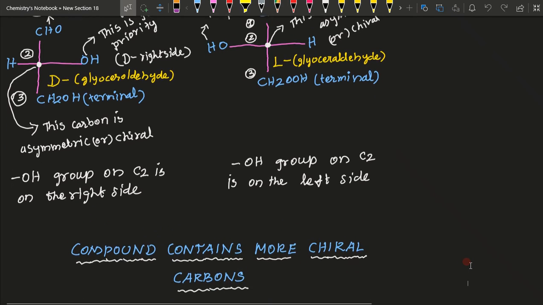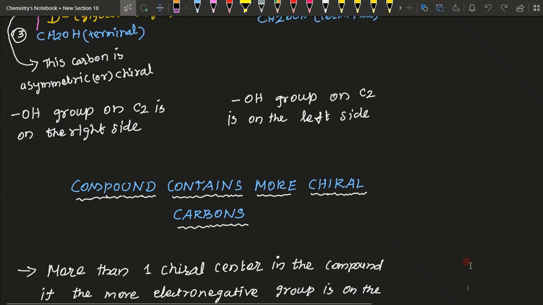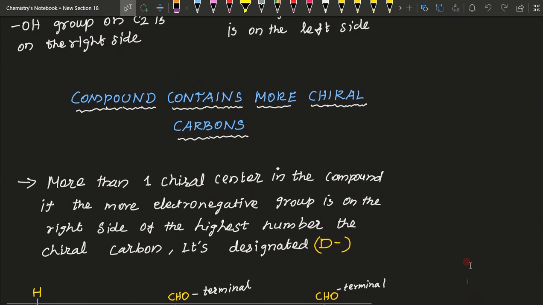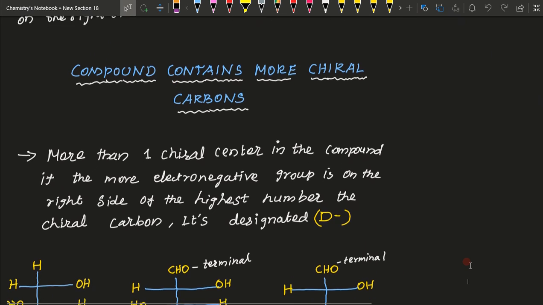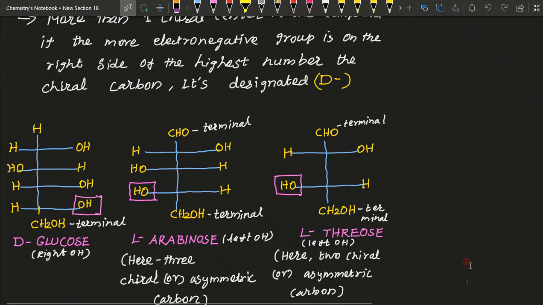Below, if a compound contains more chiral carbons, say more than one chiral center, and the more electronegative group is on the right side of the highest-numbered chiral carbon, it is designated D. See the example below.